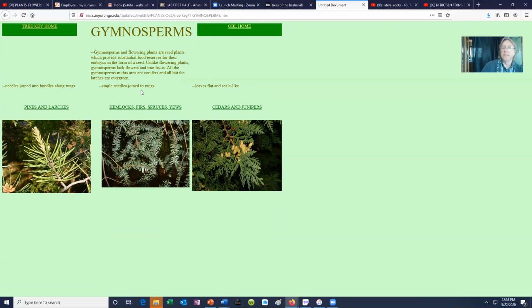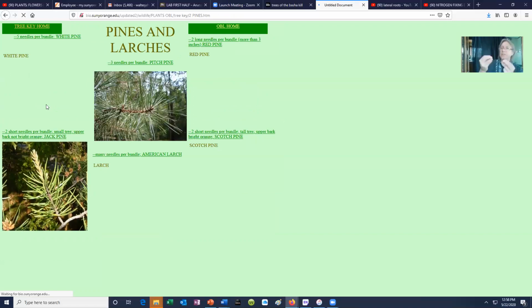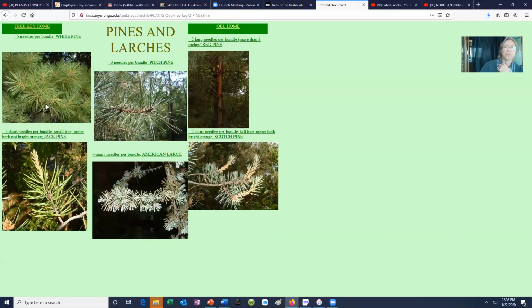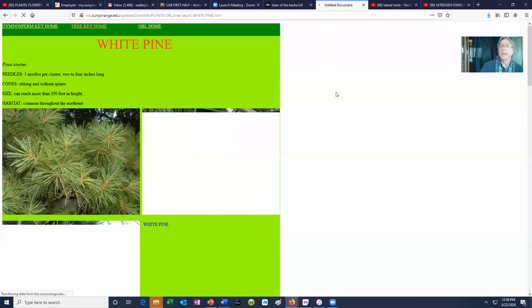Do we have single needles joined to twigs, in which case it's a hemlock, fir, spruce, or yew? Or are the needles flat and scale-like, in which case it's a cedar or juniper? Once you said, oh, it's a pine because the leaves are forming these bundles, then you could ask, are there 5 needles per bundle? Are there 3 needles per bundle? And then identify, oh, okay, I'm looking at white pine.